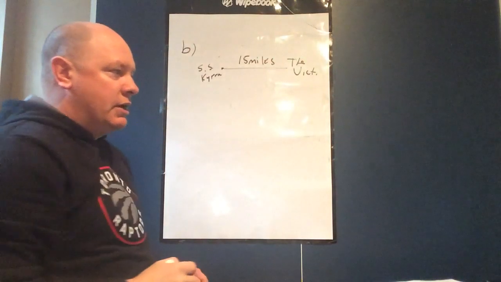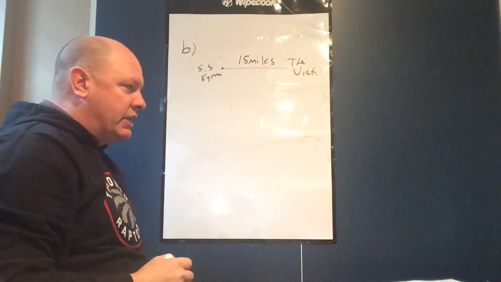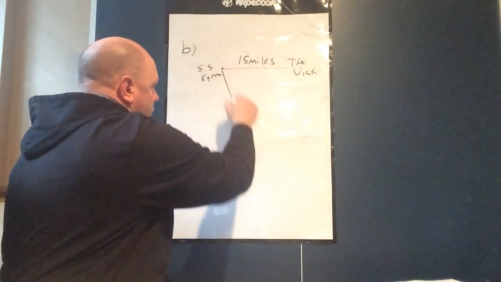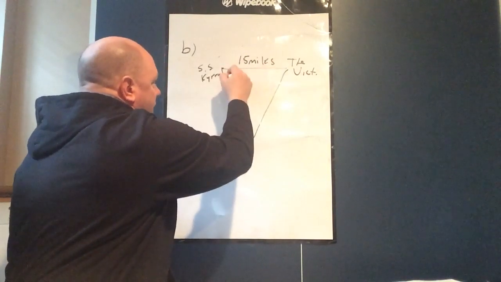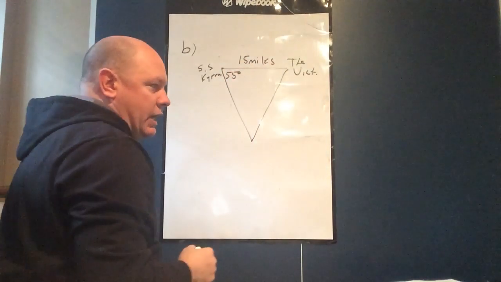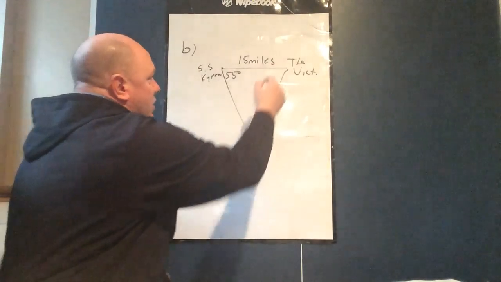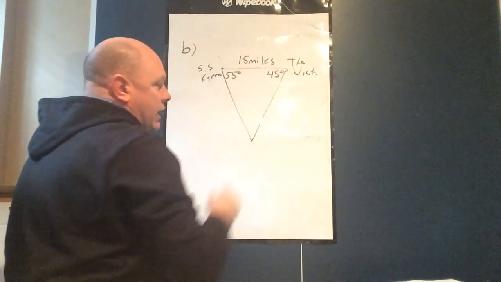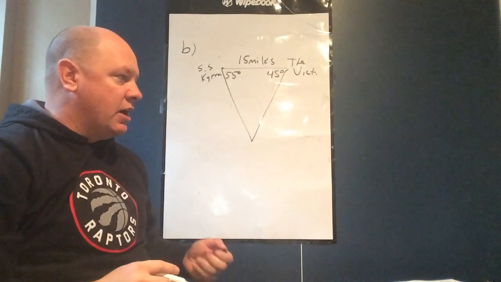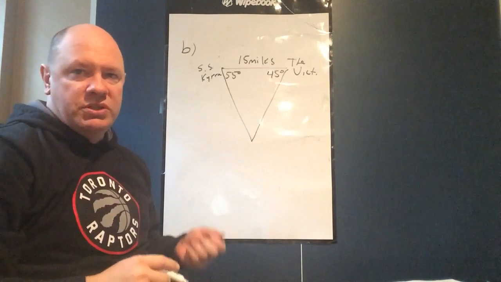It says the Kira, to the port, produces an angle of 55 degrees, and the Victoria has an angle of 45 degrees. And it says, with respect to Kira, how far is the port from the closest ship?